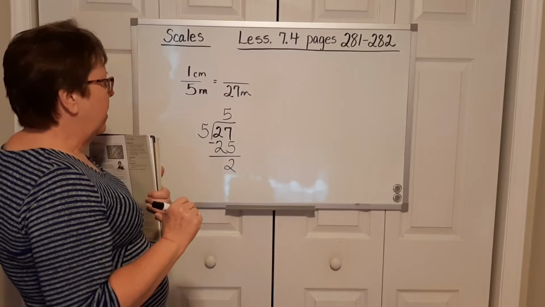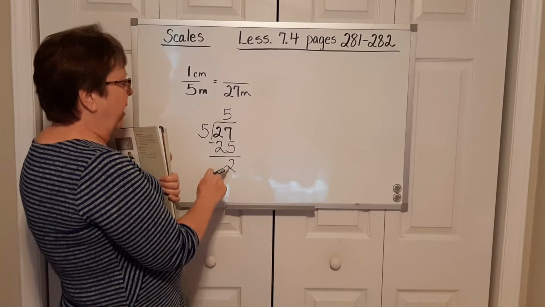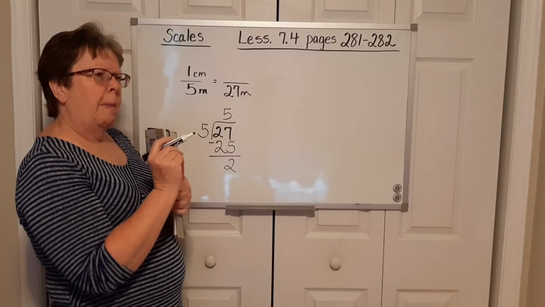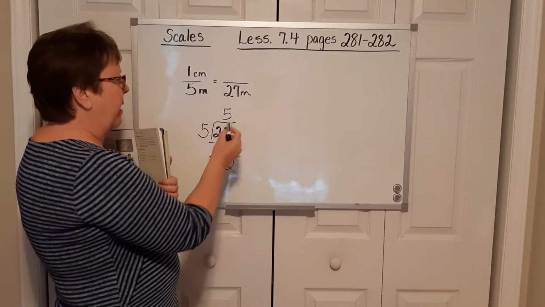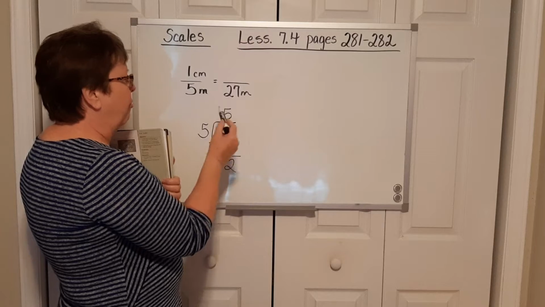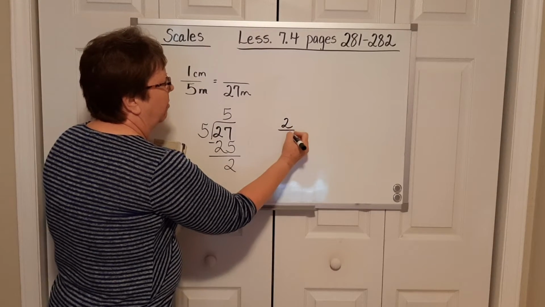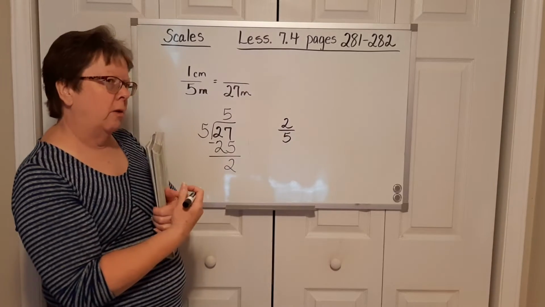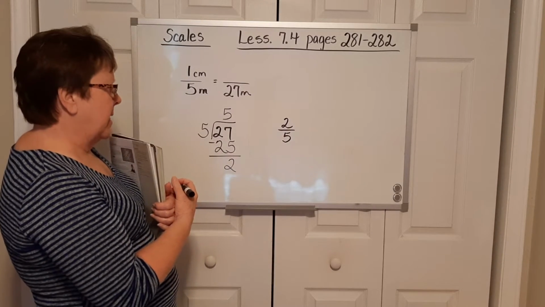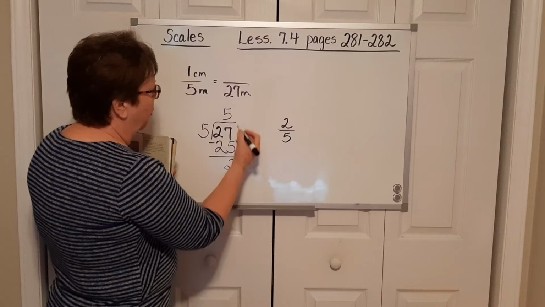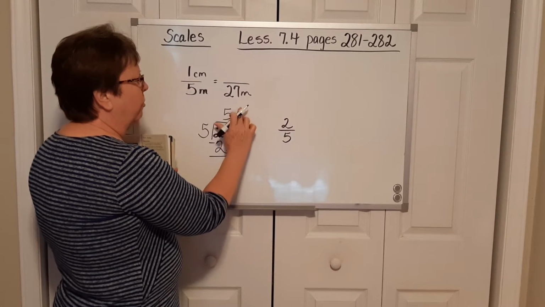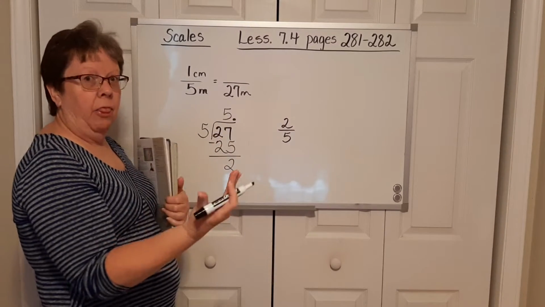Now, we could make that a fraction and do 2/5. And I would accept that if you did 5 and 2/5. But I want to make that 2/5 a decimal. And so I want you to remember how to do that. To make it a decimal, we would have our 5 point, and whatever's going to be here would be a tenth.